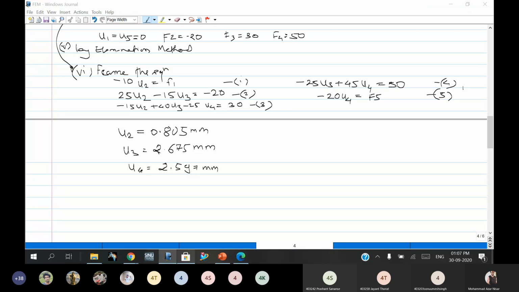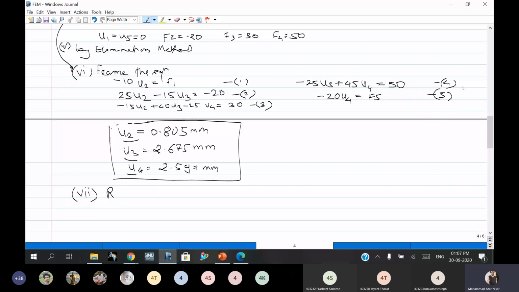Next step: we have found the displacements at node numbers 2, 3, and 4. Now we have to balance by using reaction forces. Last step, step 7, reaction force.